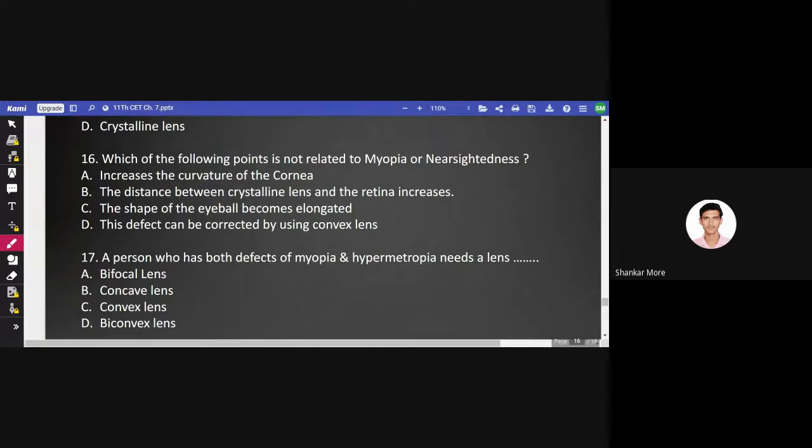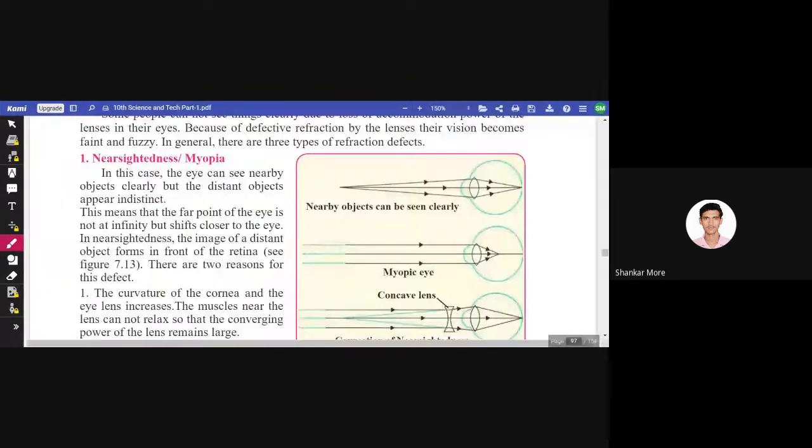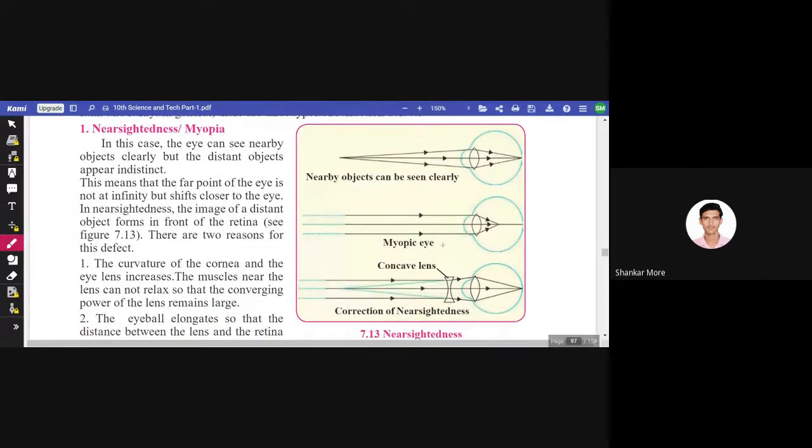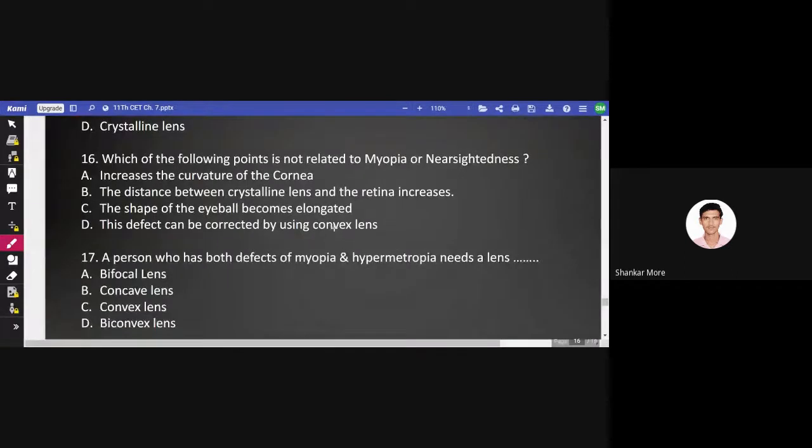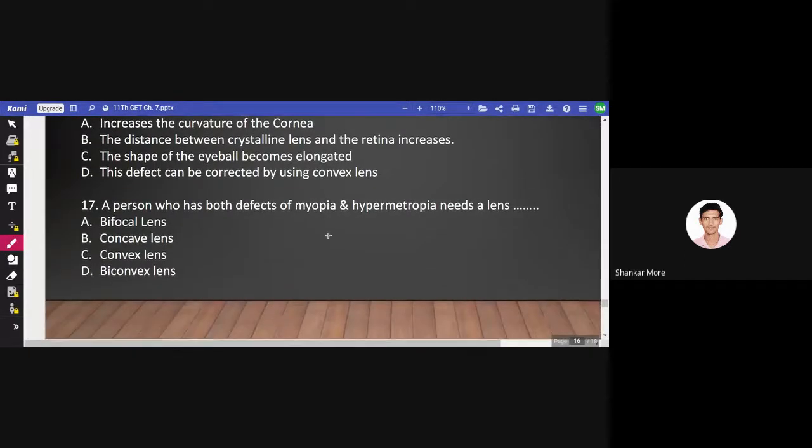Let me just show you that. See, this is nearsightedness or myopia, and we can clearly see here a concave lens is used to repair this defect, isn't it? So not convex lens, we have to use concave lens.